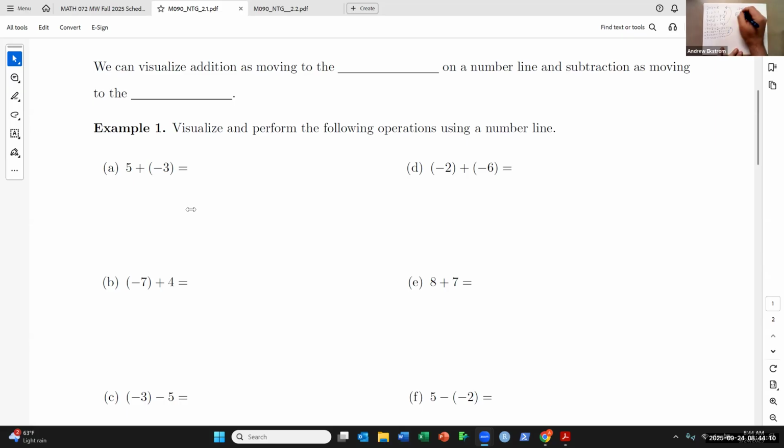You have to hit the negate button, 3, and then hit the plus button, then hit the negate button again.